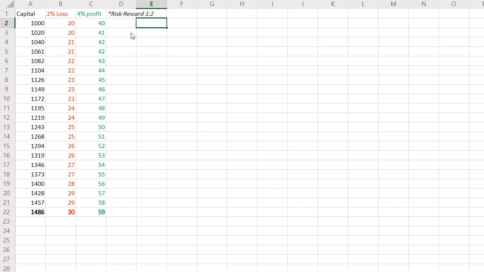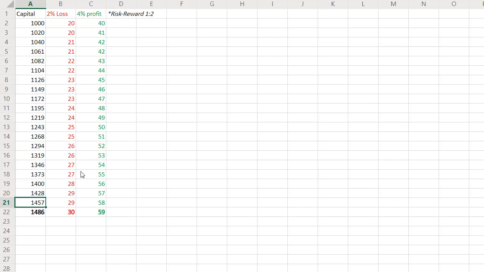Of course, you never know if it will go that way. Sometimes you go out break even. Sometimes you have the 6%, 10%. You never know. But let's just pick some risk reward, 1 to 2, and let's say what happens. Well, let's say that in like 21 trades, you have some losers and you have some winners, and overall your account grows, so that 2%, 4% rule will grow.